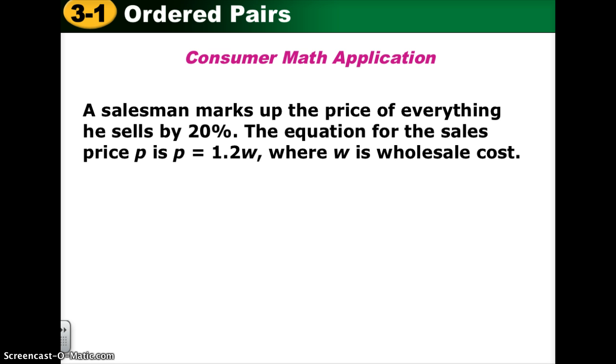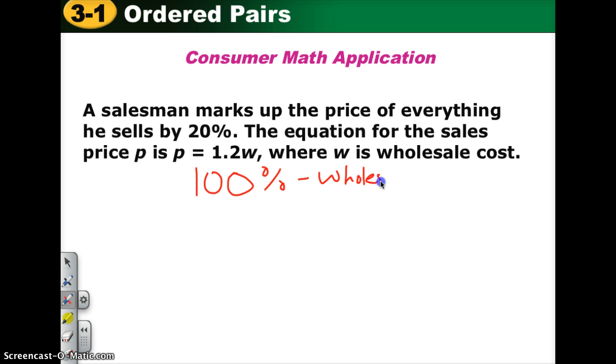So the equation is given to us, P equals 1.2W. That includes the 20%. Here's where that really comes from. You have 100% of the cost, which would be the original wholesale cost. We don't have the price for that, but it's 100% of the wholesale cost, plus 20% more, which is 120%.